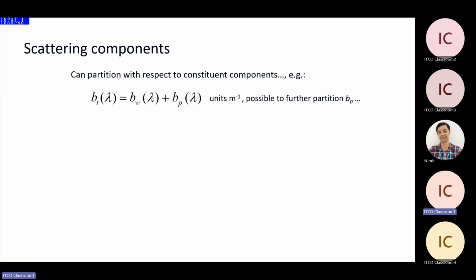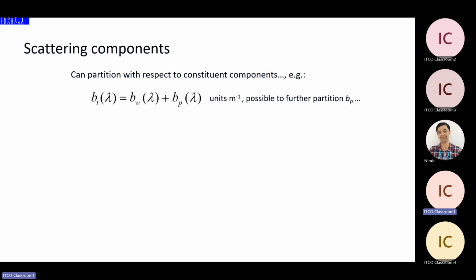So the scattering components, as Zhongping also mentioned, you can partition them. So this is partitioning total scattering in terms of the water component, BW, and the particulate component, BP. It's possible certainly to further partition BP, but in practice, operationally, it's very difficult to try to partition phytoplankton.